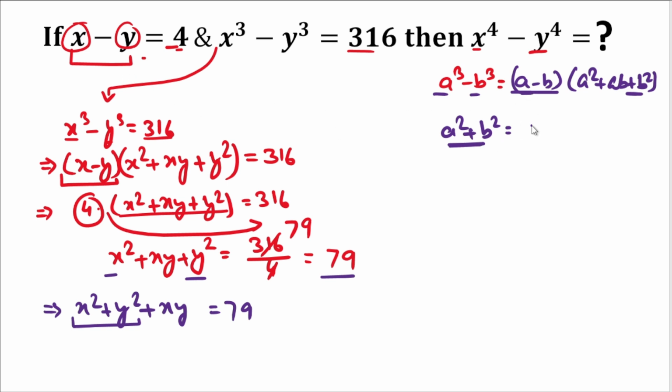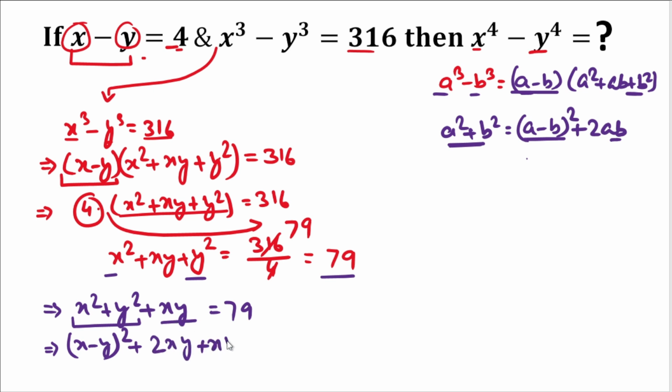So we can write it as a minus b whole square plus 2ab. So in place of a minus b, we write x minus y whole square plus 2xy, and plus xy again, and that is 79.